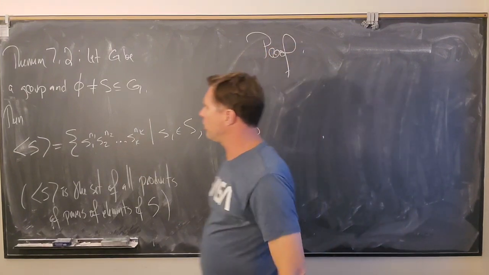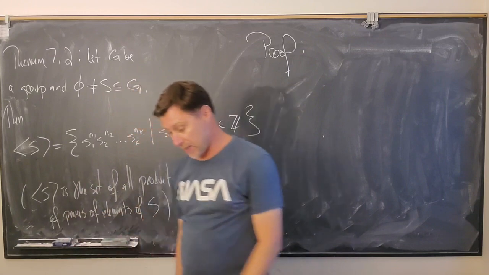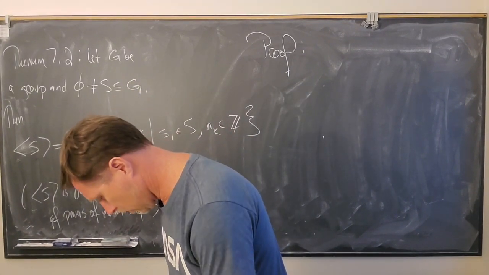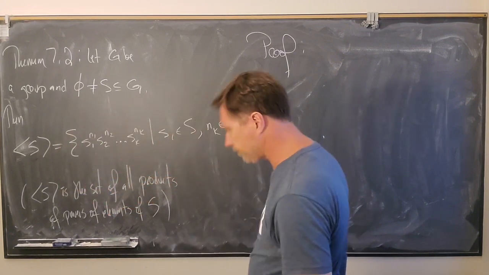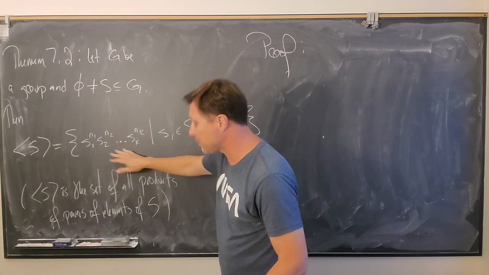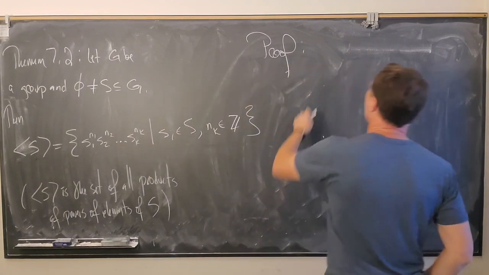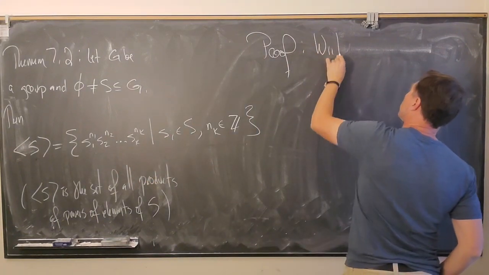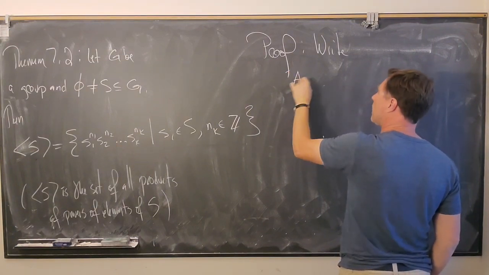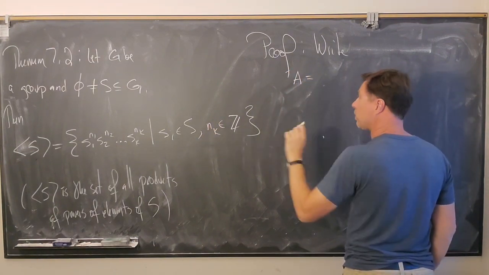And what am I trying to do? I'm trying to show that the left-hand side equals the right-hand side. I don't want to have to keep writing this right-hand side out, so let's make a symbol for that. I'm going to use the symbol capital A. So let A equal the right-hand side there.